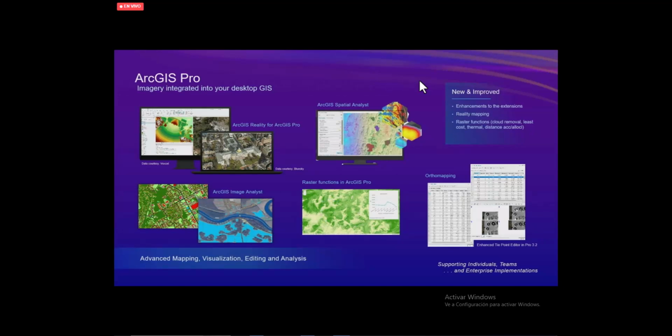And ortho mapping, which is actually available with just an Advanced license of ArcGIS Pro. So if you're doing collection and you're trying to do block adjustment and create ortho photos or ortho mosaics, that's an option that's default in Pro.